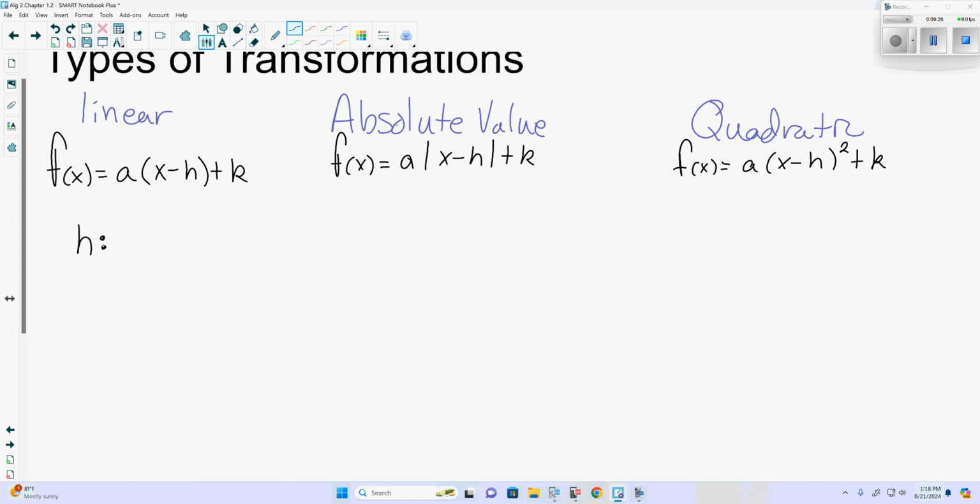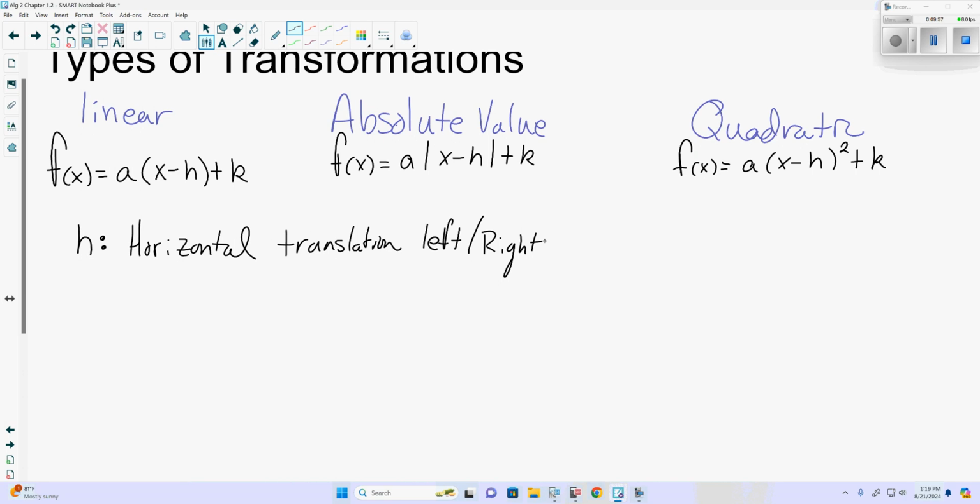H is our horizontal translation. It moves it left or right. H moves it left or right. And that's for all three.